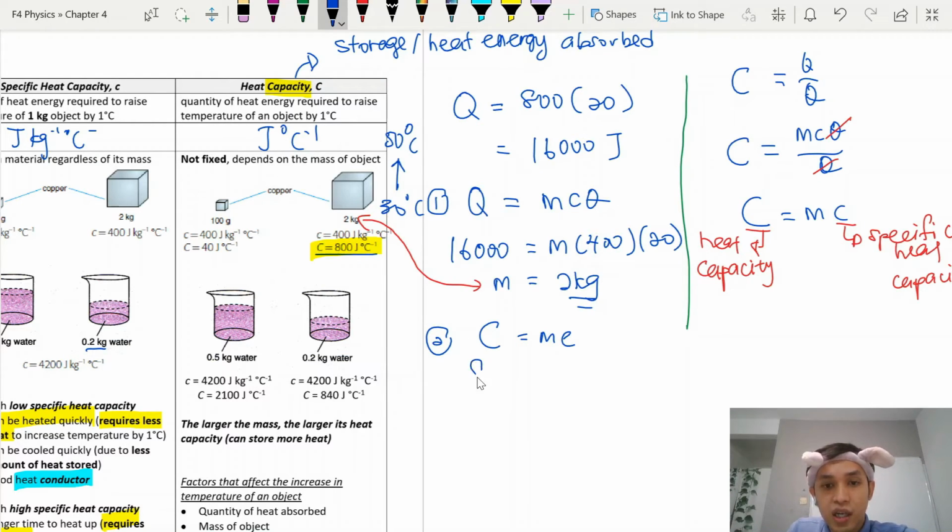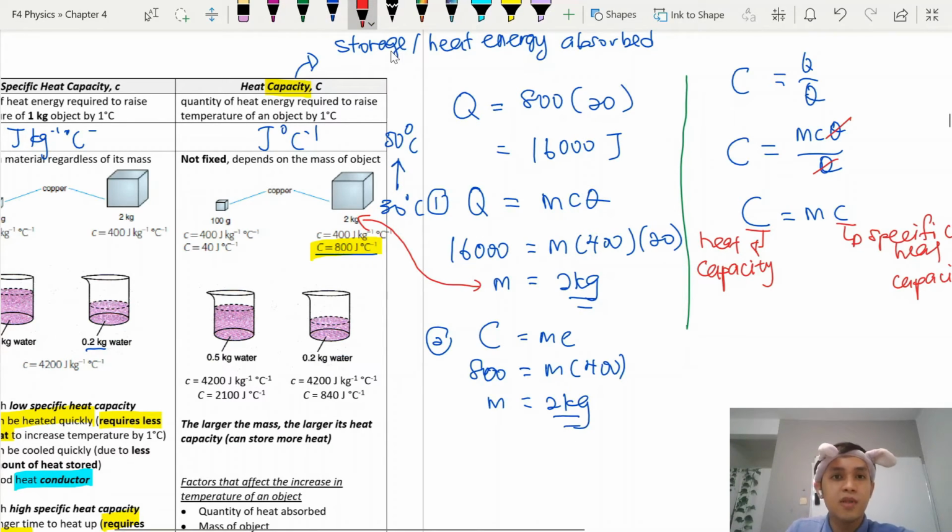Given that this one is 800, and the specific heat capacity of copper is 400, in the end, if you calculate, you are still getting the same answer. So now you can see the relationship between heat capacity and your specific heat capacity.